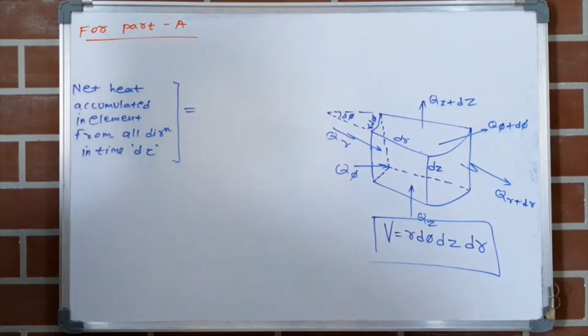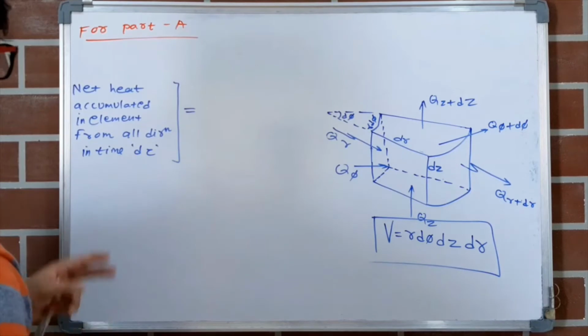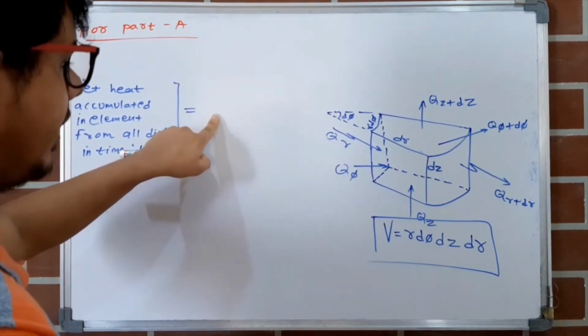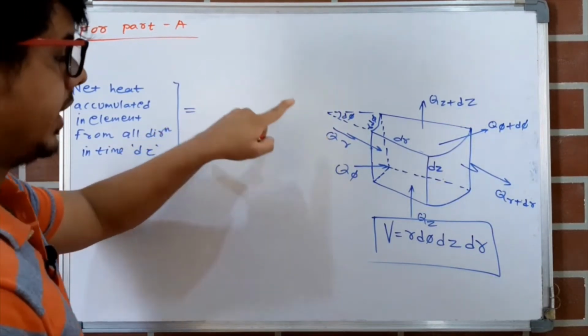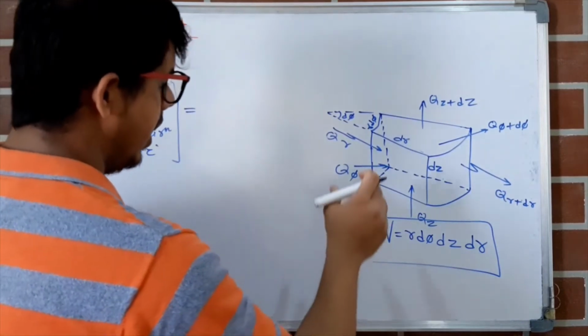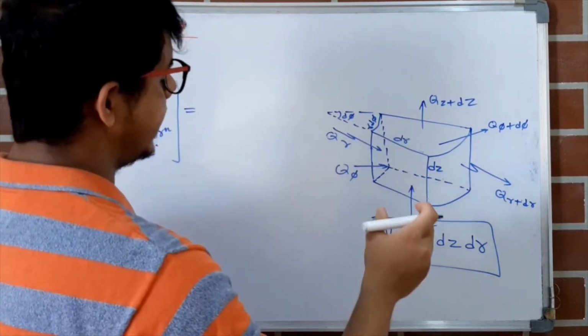So the net heat accumulated in the element from all directions in time d tau can be written as the net heat accumulated in the element along the radial direction, plus the net heat accumulated along the tangential direction, plus the net heat accumulated along the axial direction, all in time d tau.